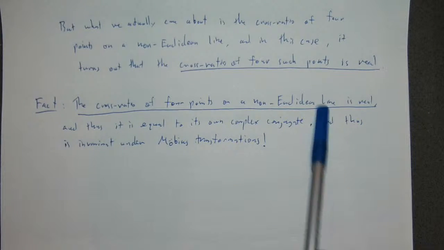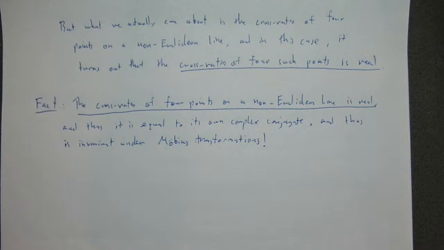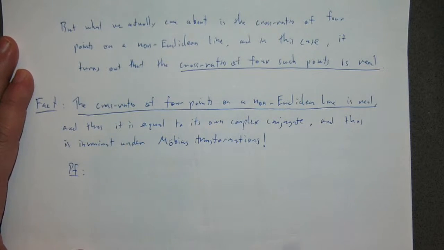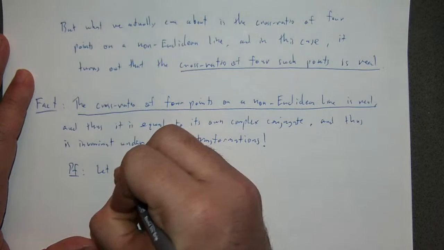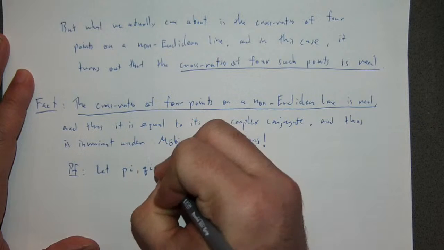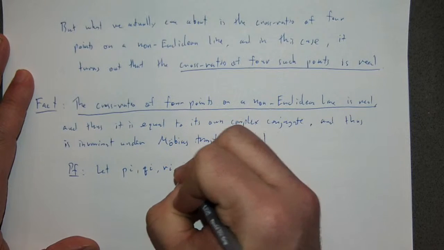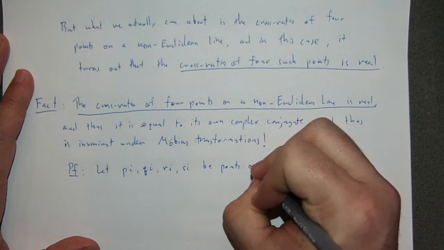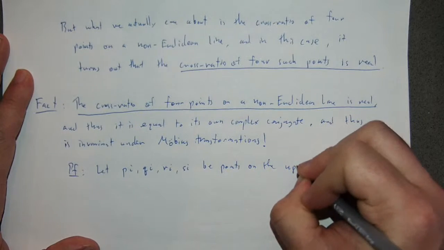All right, now, to prove this thing that I've underlined here. Okay, so proof of the underlined bit. Let Pi, Qi, Ri, and Si be points on the upper y-axis.